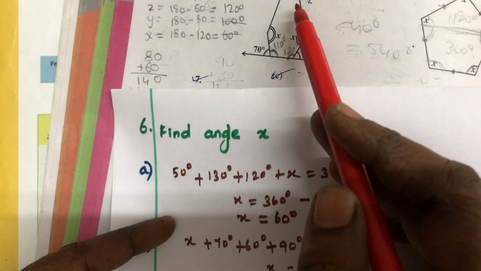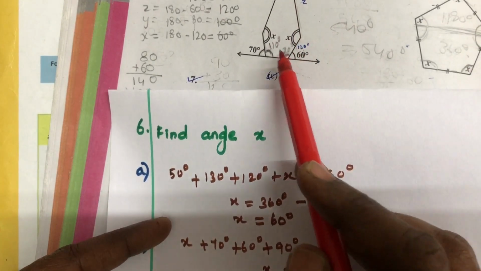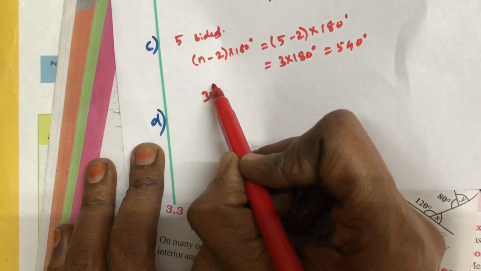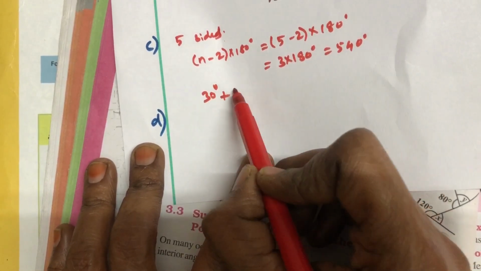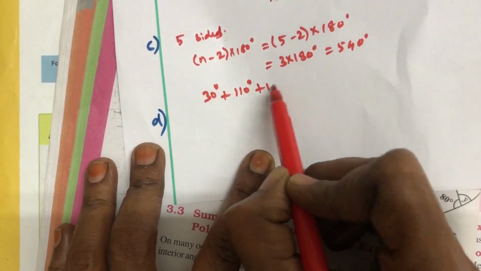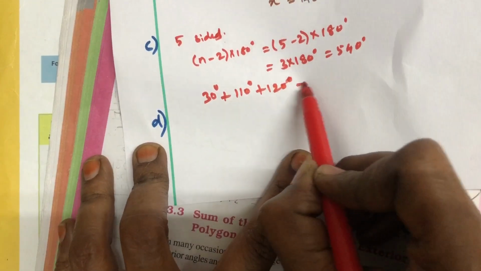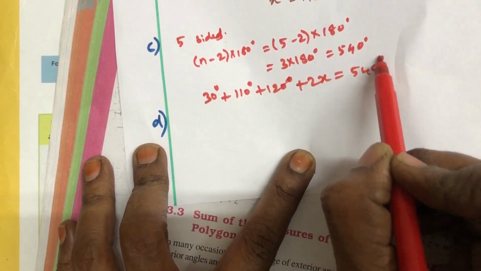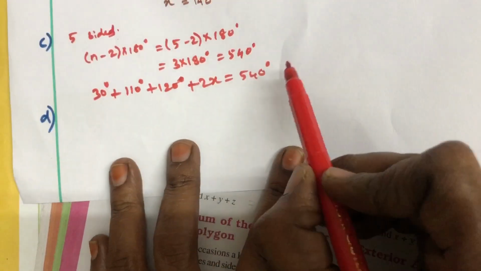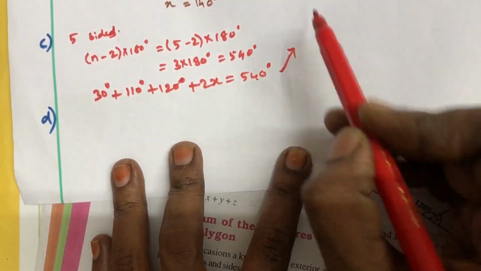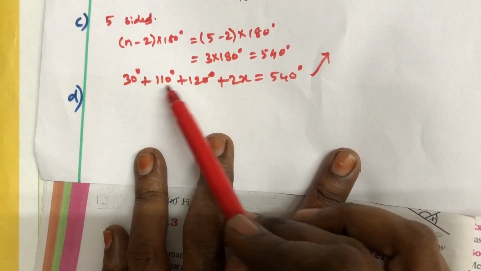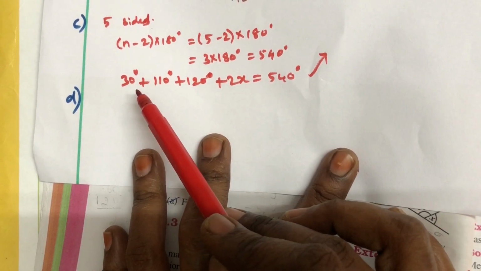So we will add all this, right? So what are they? 30, 110, 120 and 2x. See, 30 degree, 110 degree, 120 degree plus 2x equal to 540 degree. Now we are going to calculate this. Okay. So how many? 120, 230, 260, right?